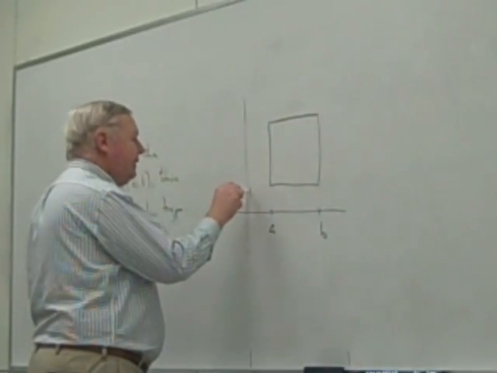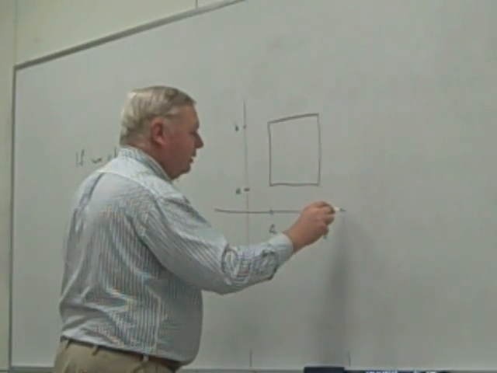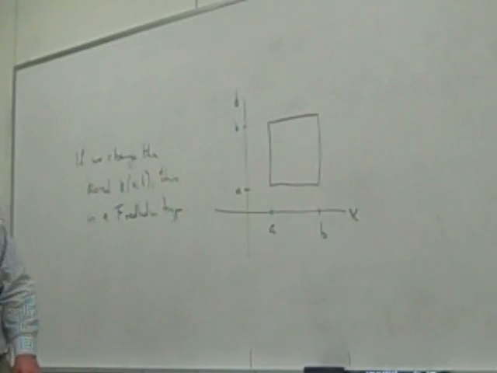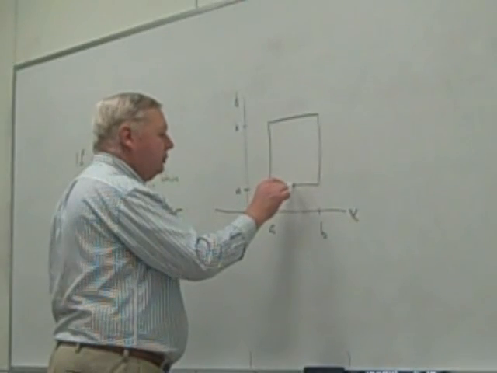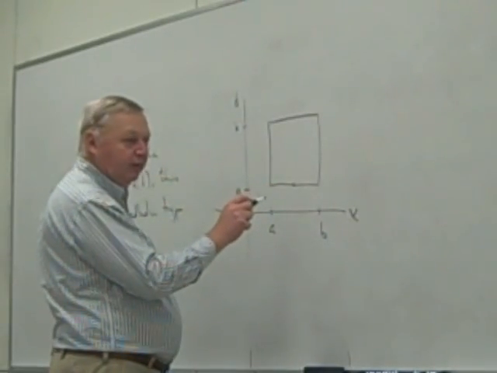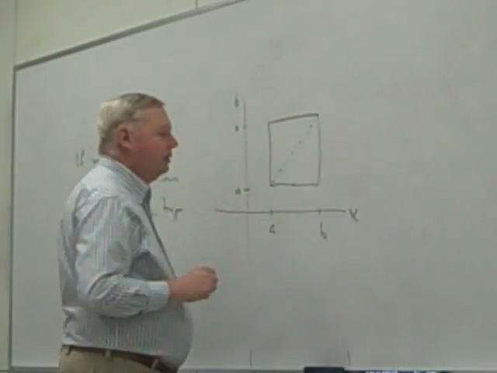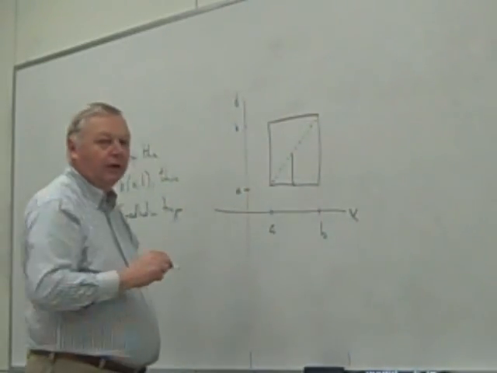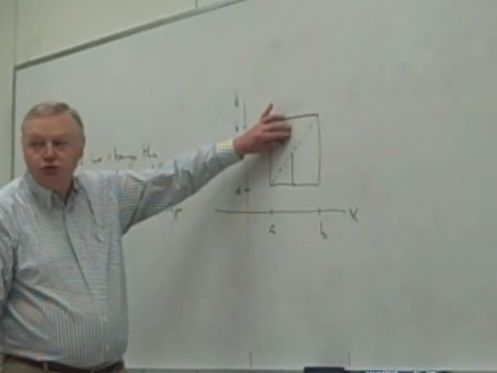So in the square a to b, this is x, and this is t. For a fixed value of x, the t integration is only taking place from a up to x. So if I draw in the diagonal there, I'm only integrating that far. That would be the same as integrating a to b if the kernel function was 0 up here.